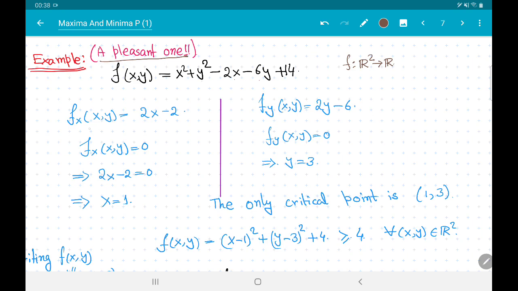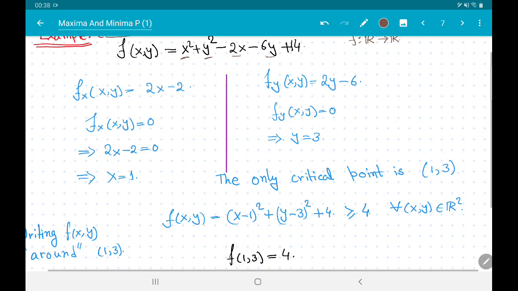It easily turns out that f_x at a point (x, y) is given by 2x minus 2, and similarly f_y at the point (x, y) is given by 2y minus 6. If we solve f_x(x, y) equal to 0 and f_y(x, y) equal to 0, we see that the only critical point is (1, 3).